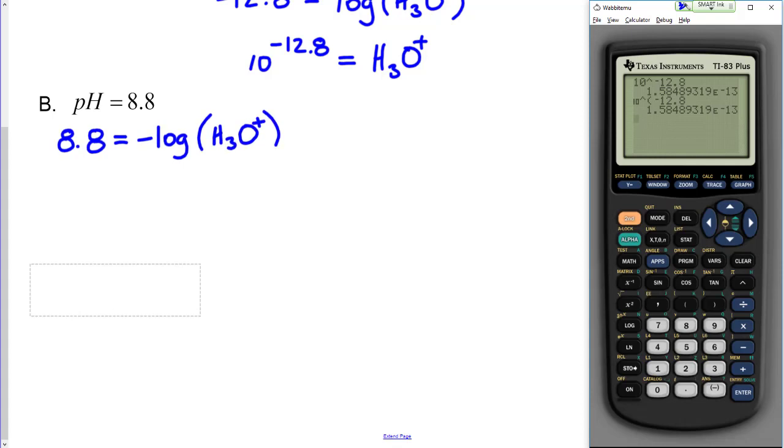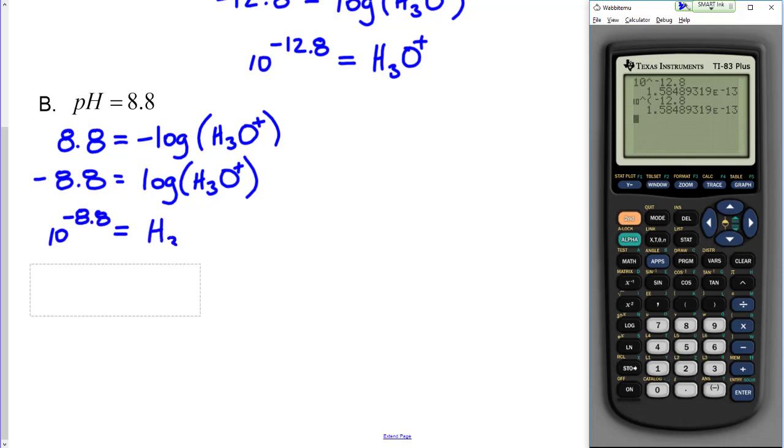The base is 10, but we can't change it to an exponential form yet because I have to divide by that negative. Now it's going to be 10 to the negative 8.8 power. And that's going to be equal to my hydronium ion concentration.